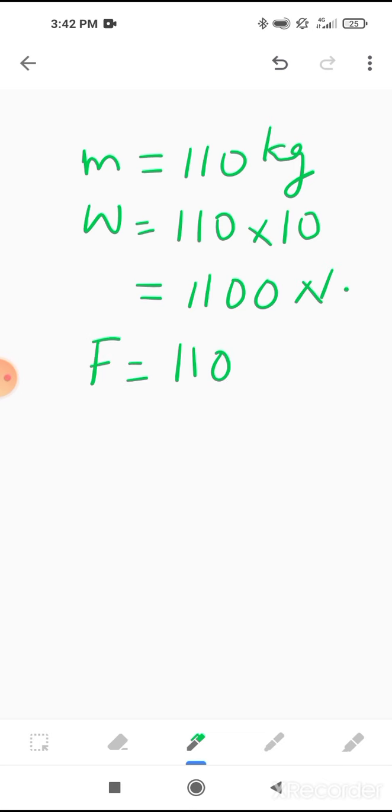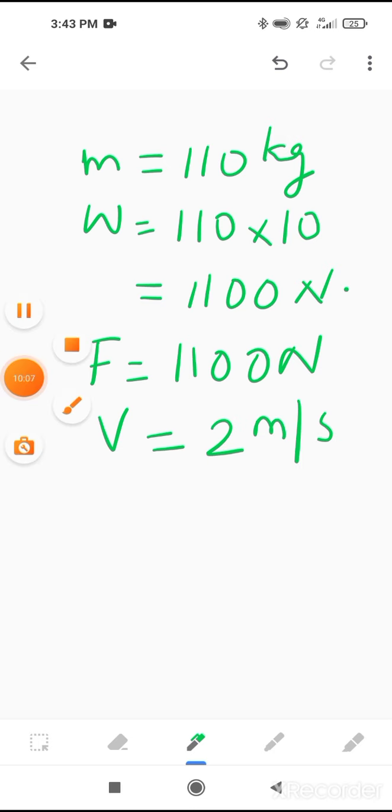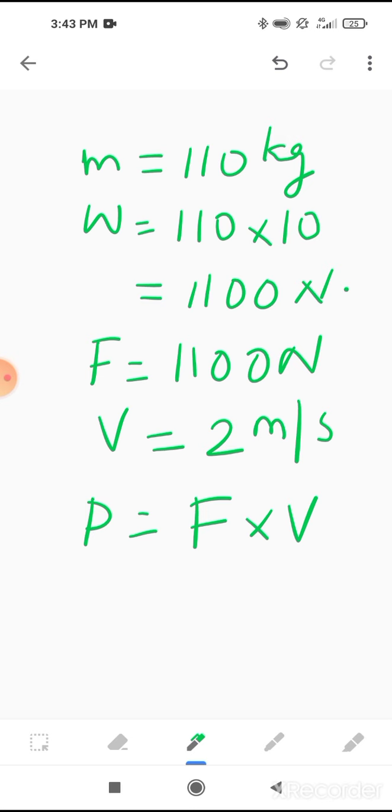Force to be exerted by the man is 1100 Newton and the velocity is 2 meter per second. So power can be found out. Power is equal to force into velocity. Force into velocity, you will get it as 1100 into 2.